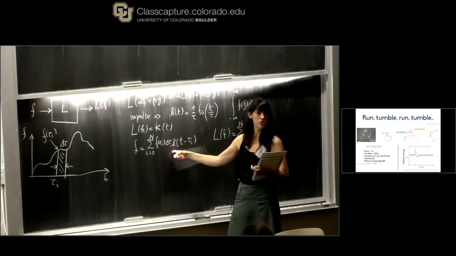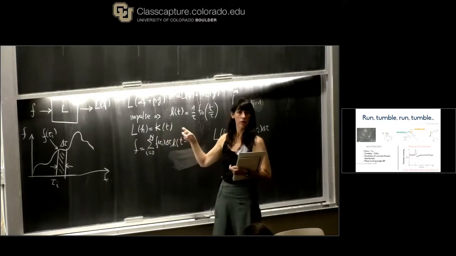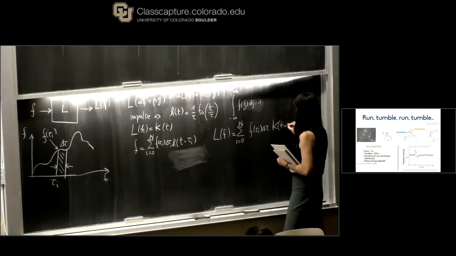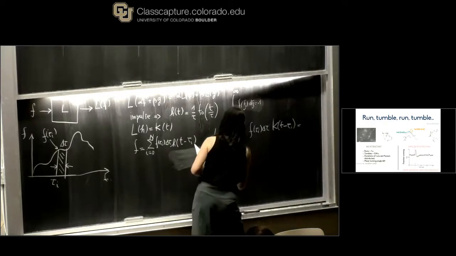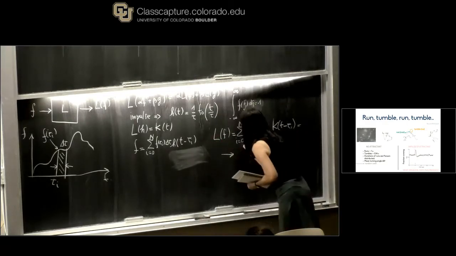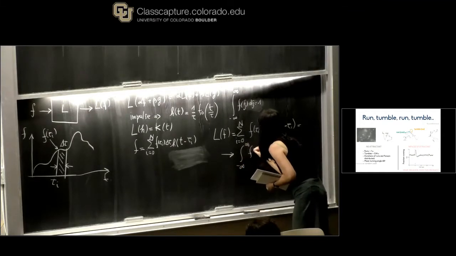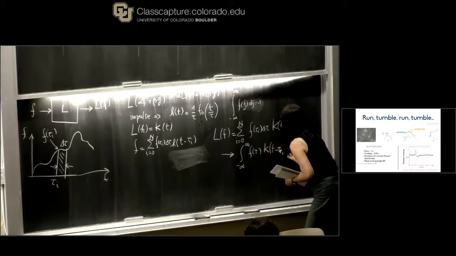What's the letter I used? K, calculated where? T minus tau. This tends to an important formula that now we can try and understand.